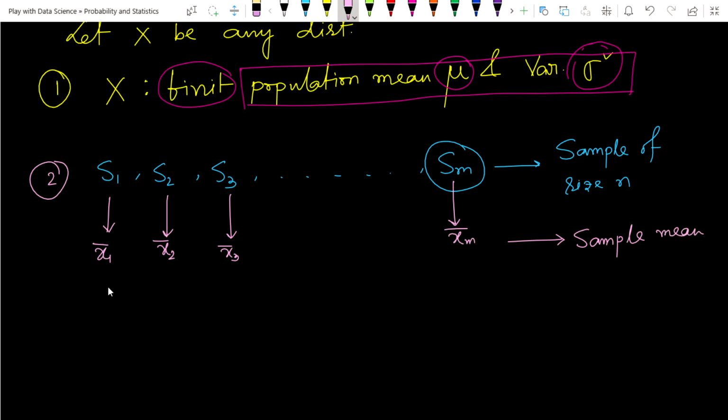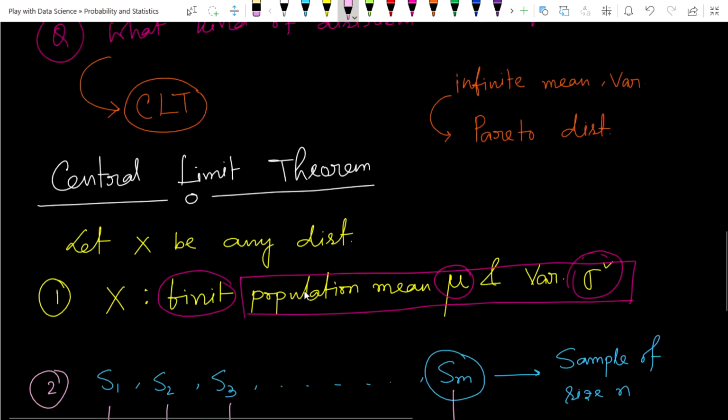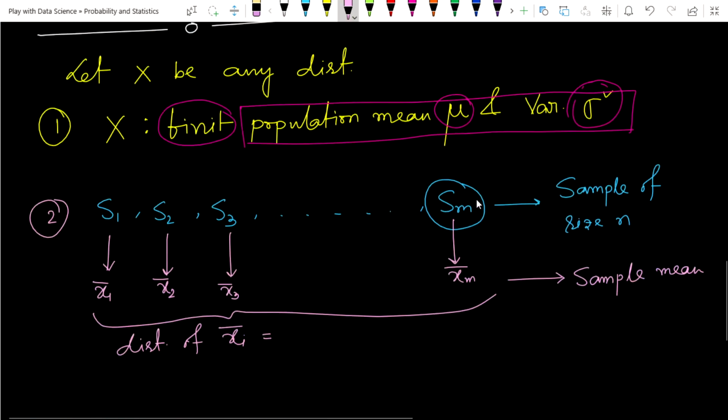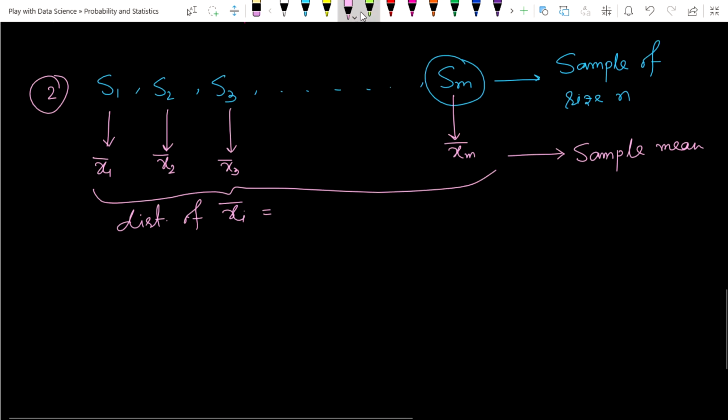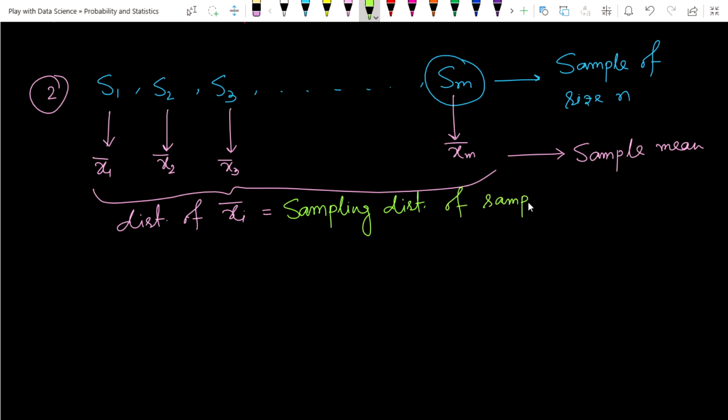Now we are interested in finding the distribution of these x bars, which we call the sampling distribution of the sample mean. That is what we have to calculate.